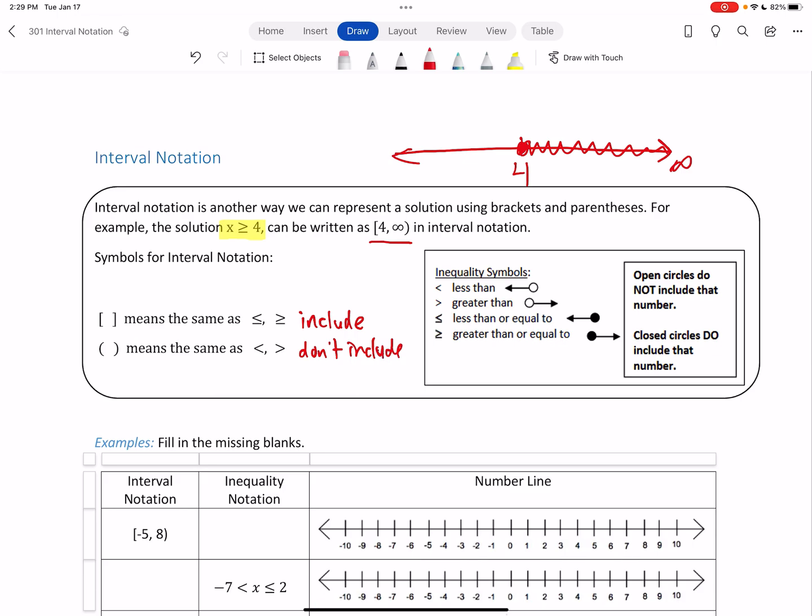On the number line, open circles don't include the point, so it's less than or greater than. Filled in circles mean less than or equal to. One thing to always note is that infinity and negative infinity, since they're not actual numbers, always get parentheses.